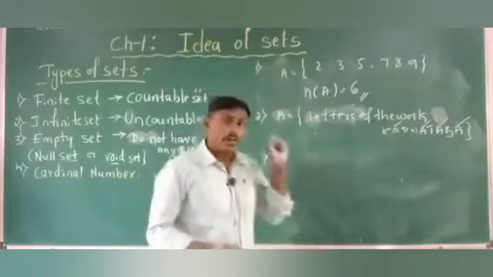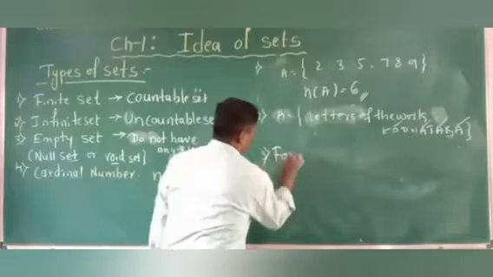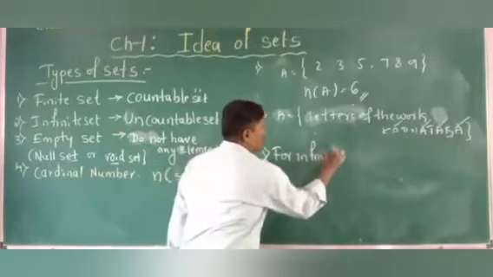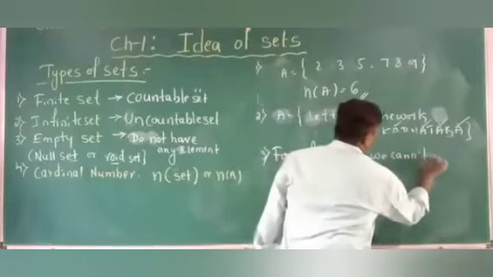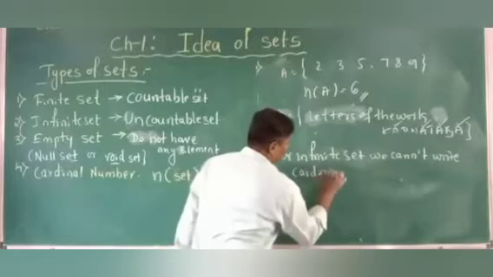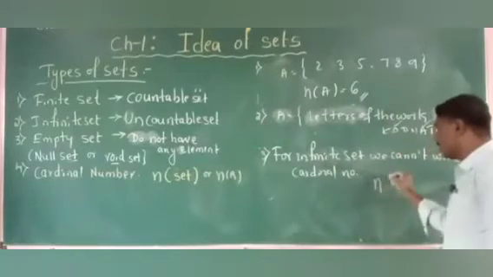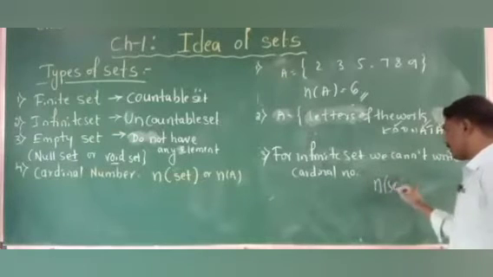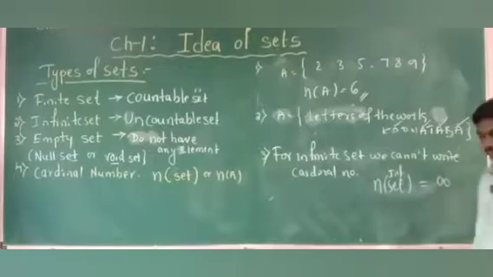So for an infinite set we cannot write cardinal numbers, because the cardinal number of an infinite set is infinity.